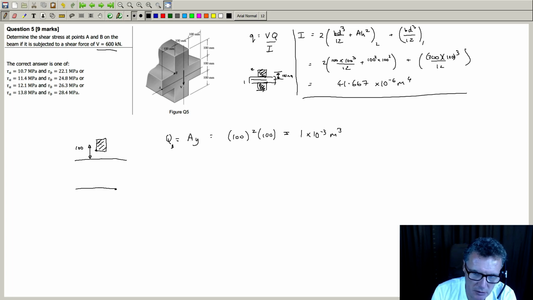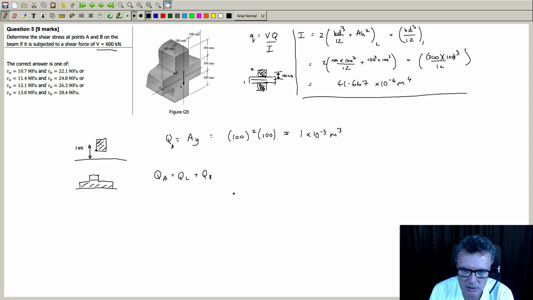And now the Q for the point of interest at A. So this is going to be slightly more tricky. So here you could say that you could split this up as QA equals this lower section, Q lower, plus the upper section, QB, which we already worked out. So now we just need to work out what the Q lower bit is going to be.